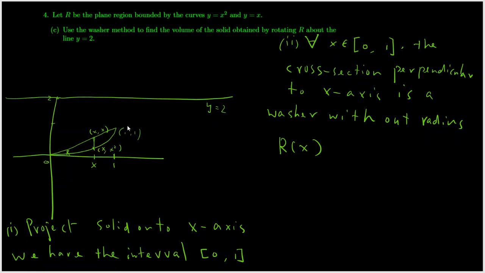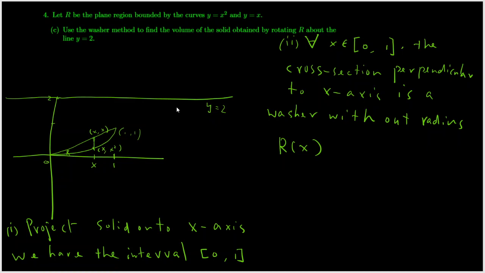Anybody want to tell me the outer radius? Write something in the chat, please. Don't be scared. It's okay to write something wrong. The outer radius is actually the distance from this point to the line. The distance from this point to the line is not x squared. X squared is here.